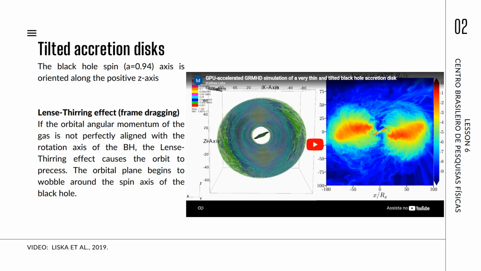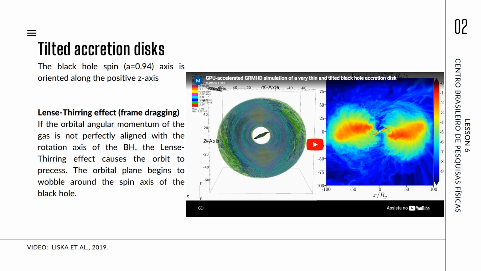And you see that the disk will start to precess, and it will break in this precession. And this precession comes from this effect that we call the Lense-Thirring effect, which is the precession of the orbits dragged by the metric around the black hole.